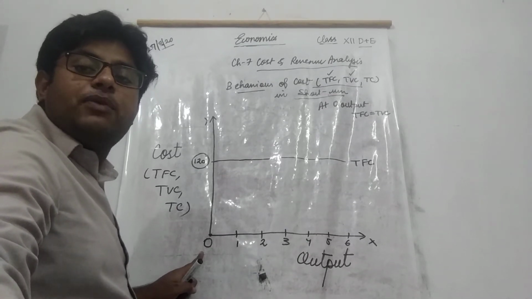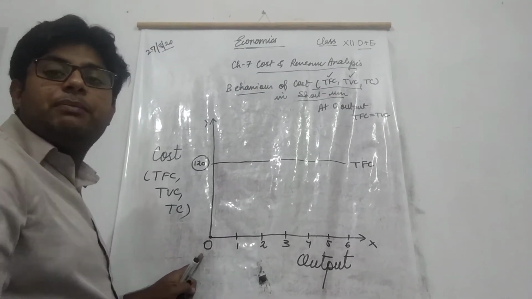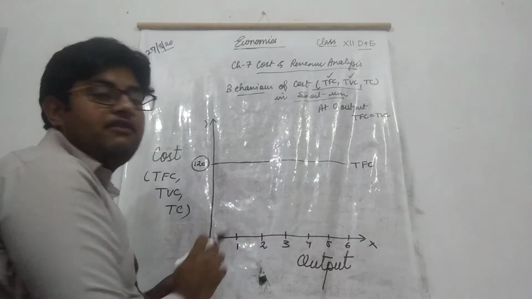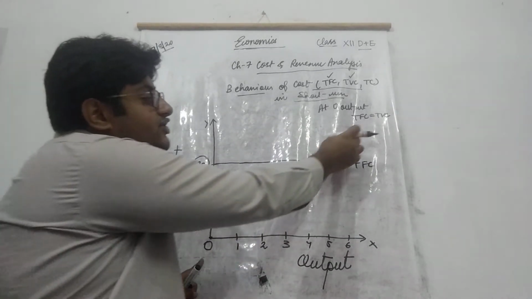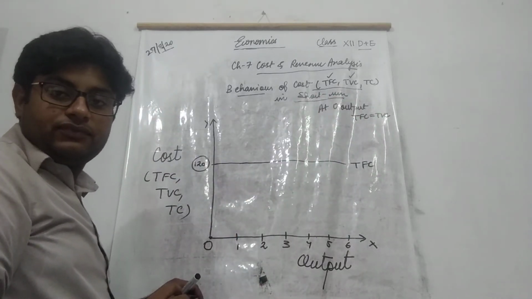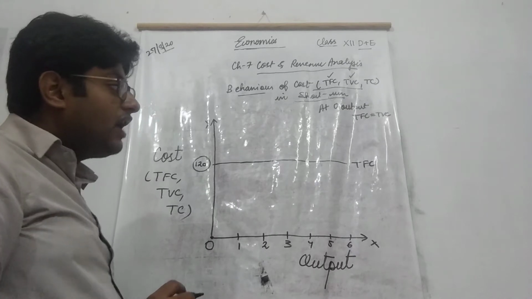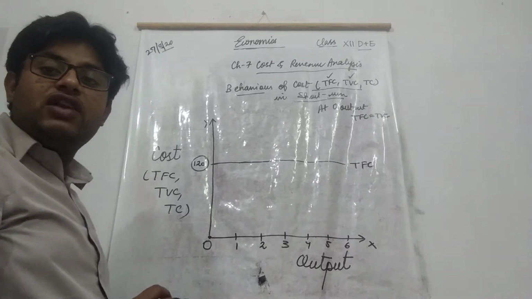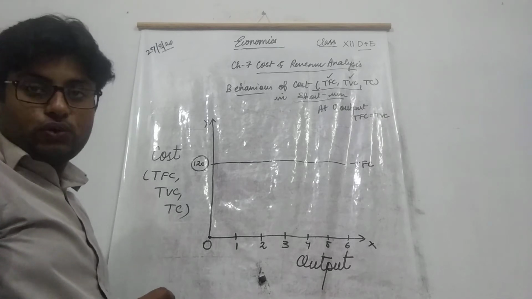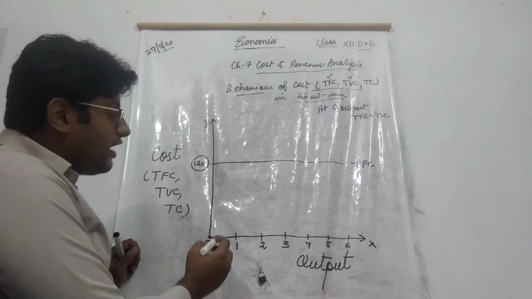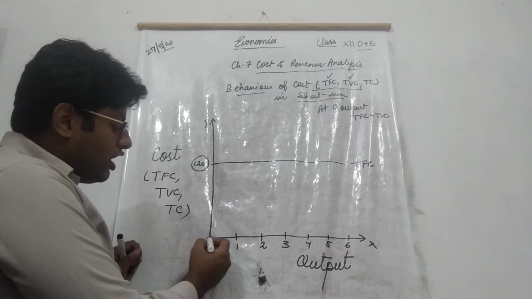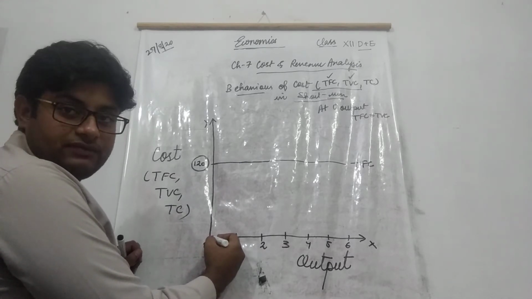You can show with the help of reactions that you remember this. Why? Because at zero level of output, your total variable cost is zero. So that is why when the output is zero, your total variable cost will start from the origin.